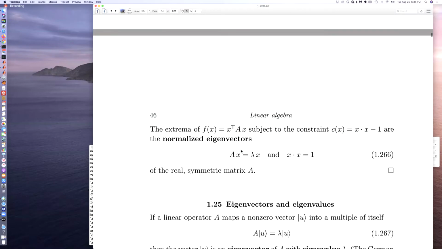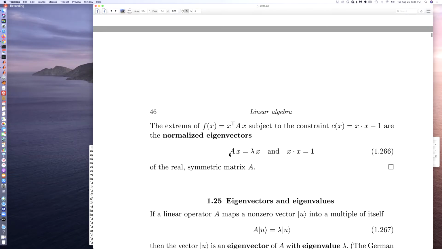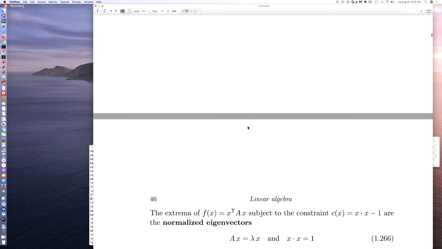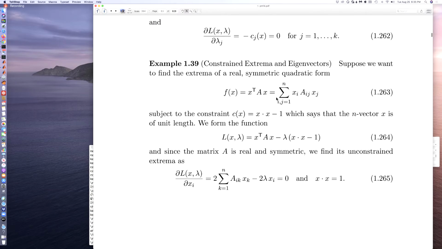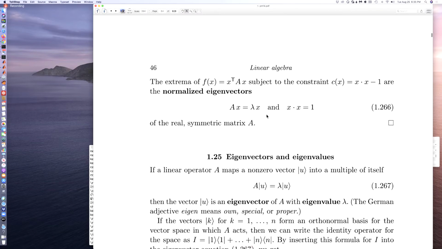So what we found out is that x is an eigenvector of the real symmetric matrix A, with an eigenvalue lambda. x has to be normalized. And so it's the eigenvectors of A that are extrema of this quadratic form, subject to the constraint that they be normalized.